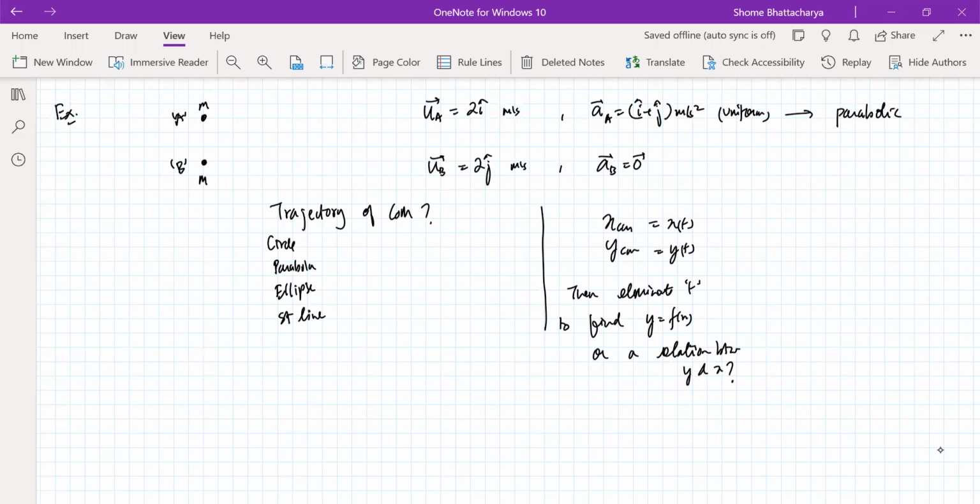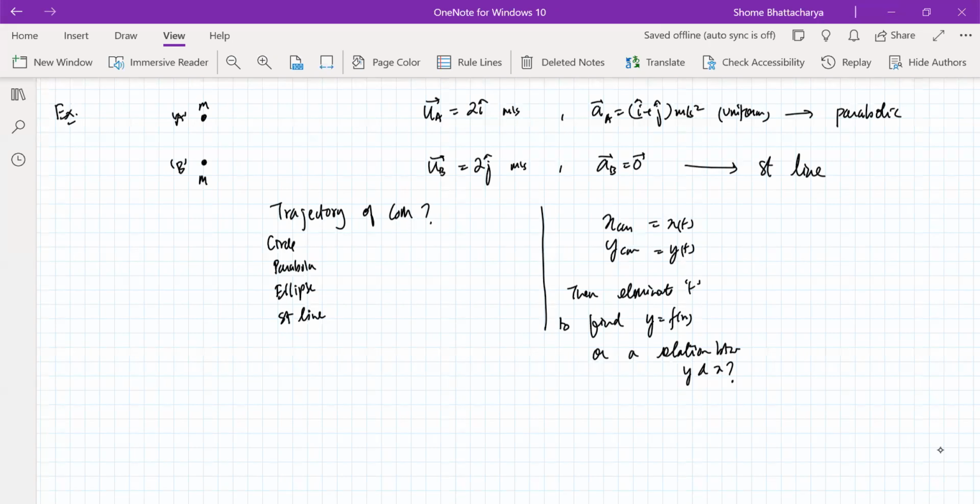Projectile motion. What is the difference between projectile motion and vertical motion? Both have uniform acceleration, but in one you are projecting with a velocity which is collinear with the acceleration, so it's a straight line motion with uniform acceleration. In the other, you are projecting with a velocity which is not parallel or anti-parallel. So you just relate it with that, and directly understand that its path will be parabolic, whereas this one's path will be a straight line.